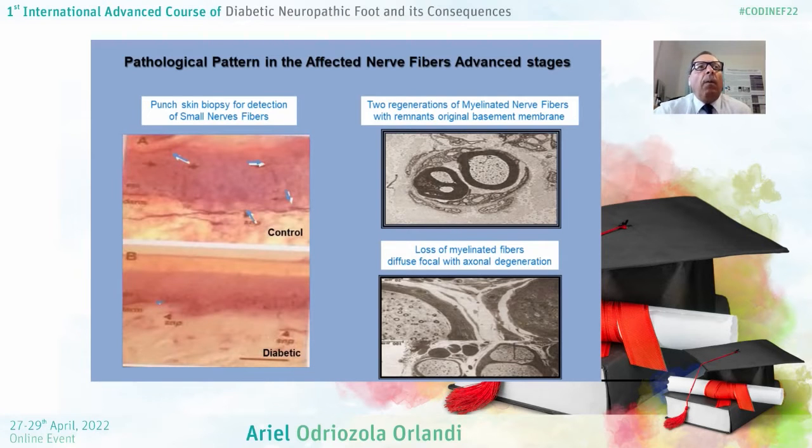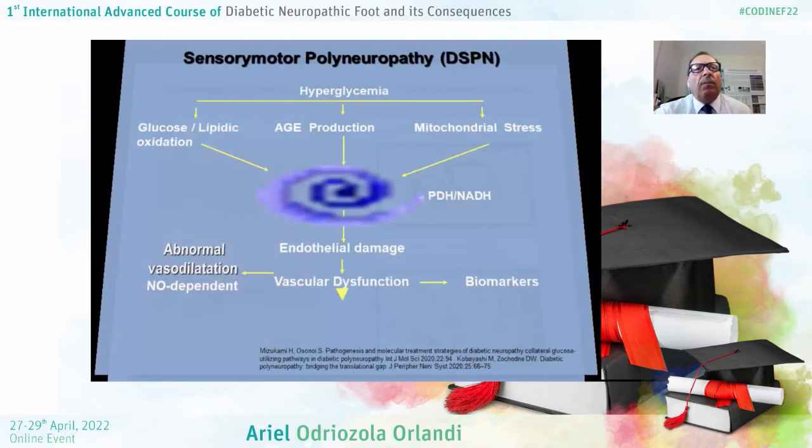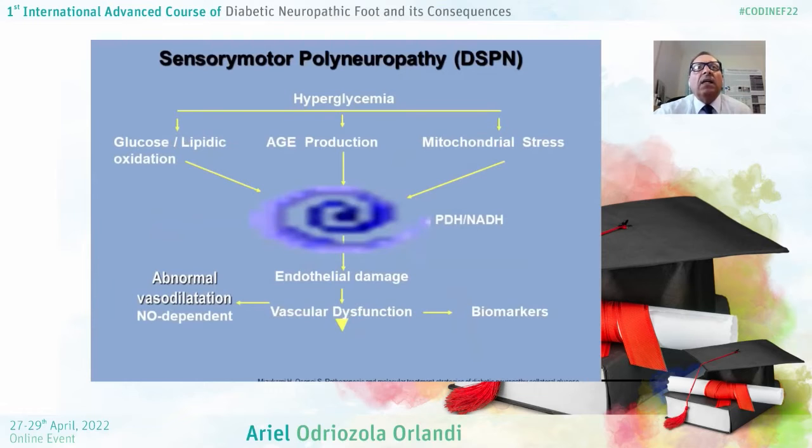Well, the pathophysiology of diabetic neuropathy has focused on metabolic dysregulation in the past 14 years. Hyperglycemia activates important cellular pathways which cause nerve damage. The polyol pathway, aldose reductase, ATP depletion, and reactive oxygen species production.